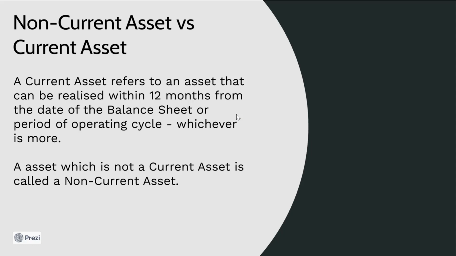And any asset which will be realized within 12 months from the date of the balance sheet will be called a current asset, and an asset which will be realized after 12 months from the date of the balance sheet will be called a non-current asset.